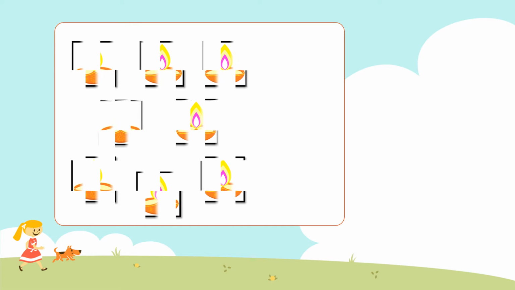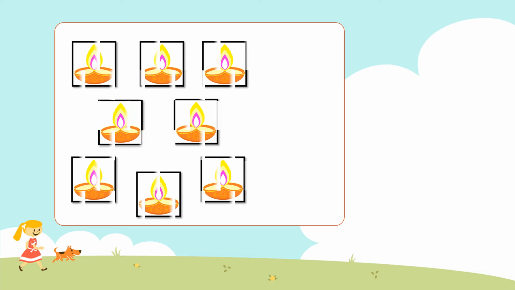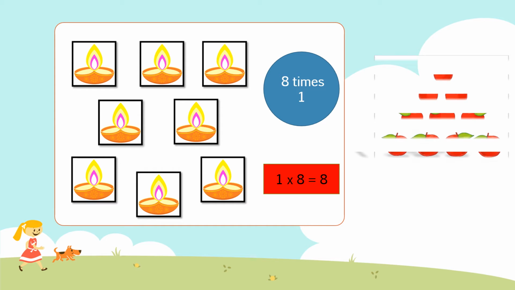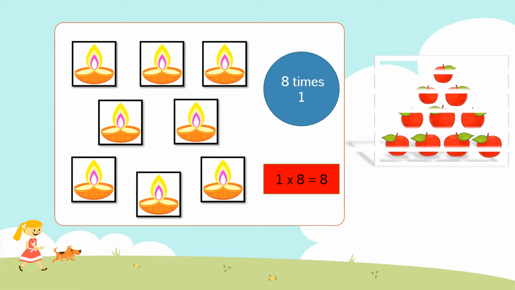Just a few more sums. Here we have 8 diyas one time. That means 8 times 1. So when we write it, it is 1 eight is 8. In another example, if we see, we will have 10 apples in one box.